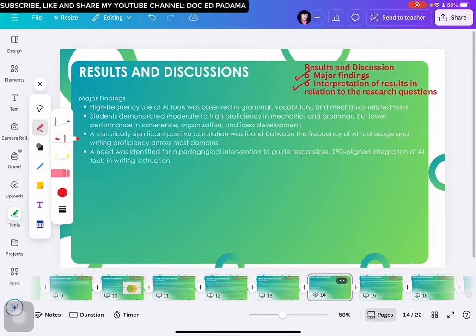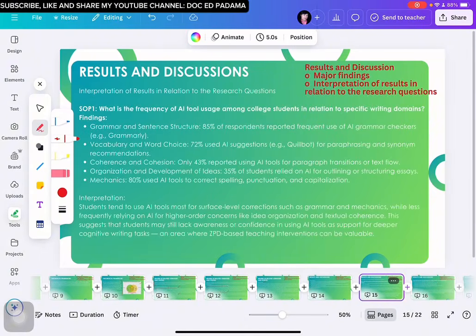So for the first part, the major findings are a summary of what was discovered in relation to the specific problems. So this is the summary, use bullets in order to establish the relationships of each finding to the specific problem. And then on the next part is the interpretation of results in relation to the research question.